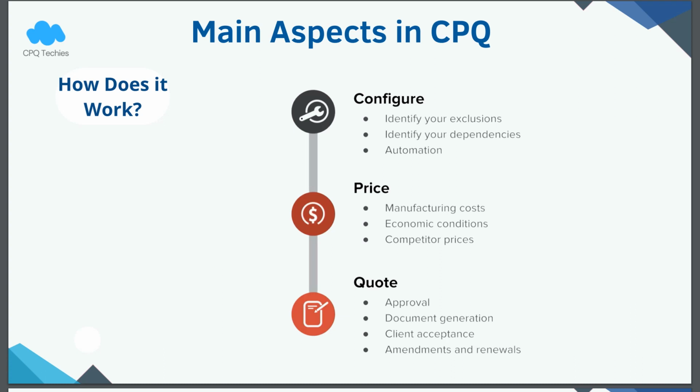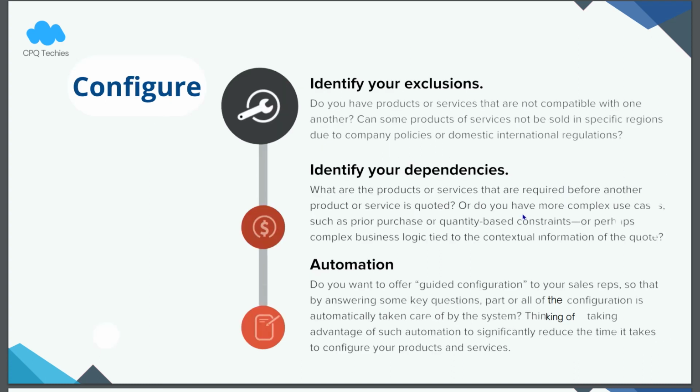Okay, thank you anyway. So these are the main aspects I was talking about. Let's go into detail on what we need to define in the configuration. In the configuration, we need to identify our exclusions.